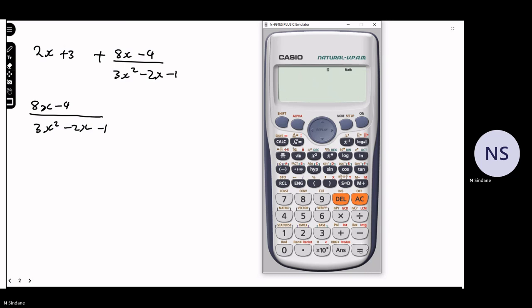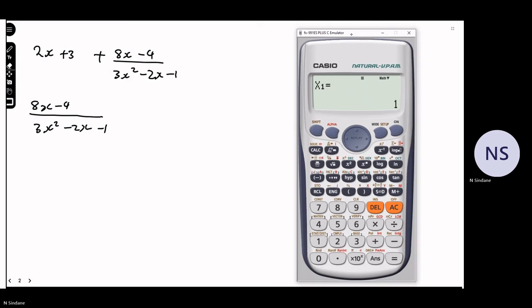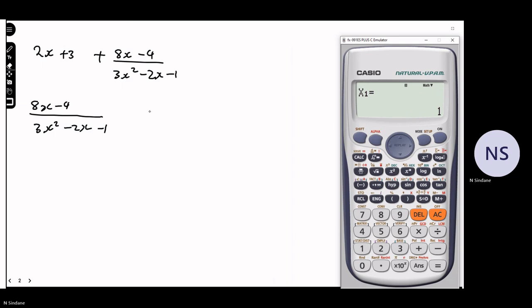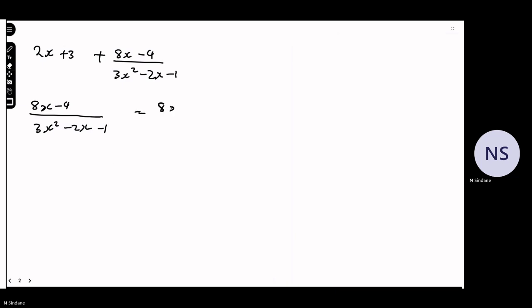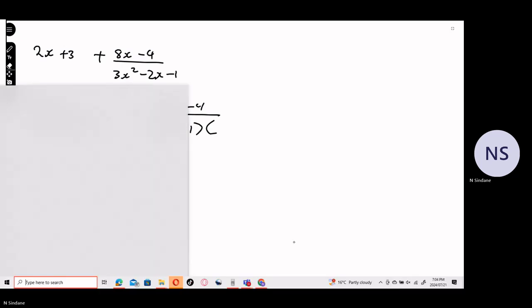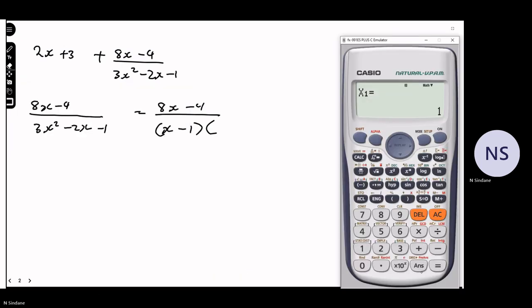The first factor is x minus 1, so this is 8x minus 4 over x minus 1, and the second factor is 3x plus 1.